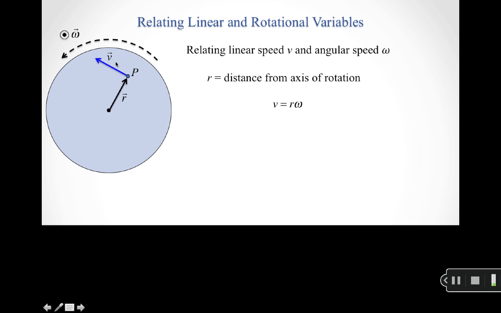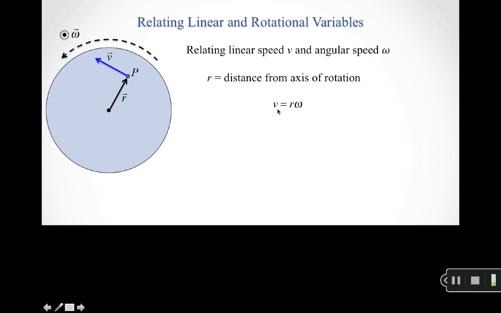And I want to think about the linear speed of my object as it goes around this circle at point P, and how that relates to the angular speed at which the disk is rotating. And again, r is still going to be the same distance from the axis of rotation, and I see that the linear speed v is going to be equal to r, that distance, times the angular speed.